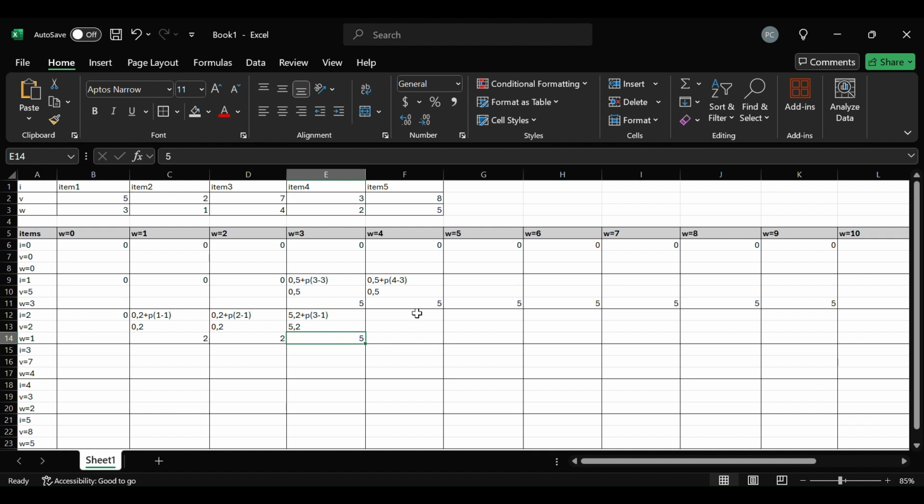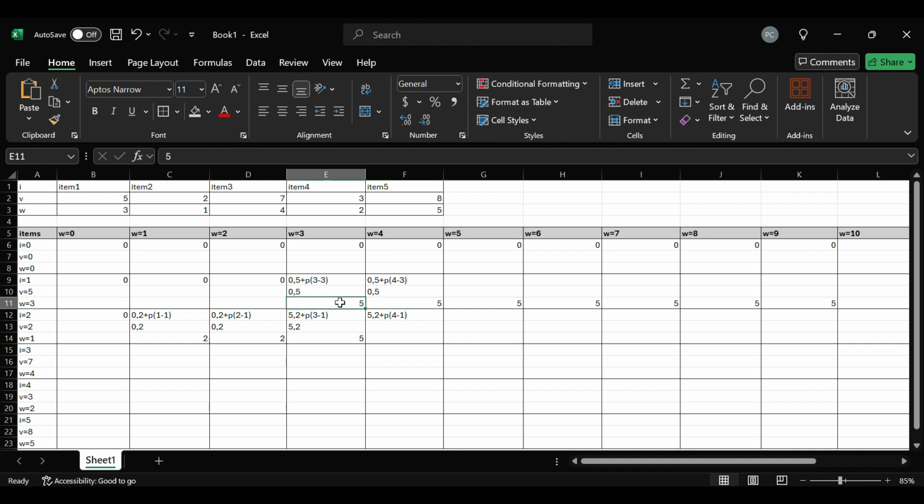Right, now we move to the next situation. If we don't pick up, 5. If we pick up, it will be 2 plus the profit of 4 minus 1. So here it will become 2 plus p of 3. So we go up one block and then we go to this weight limit 3. And what you'll notice is the value here is 5. Okay, p of 3. You go up one block and then you navigate to weight limit 3 here.